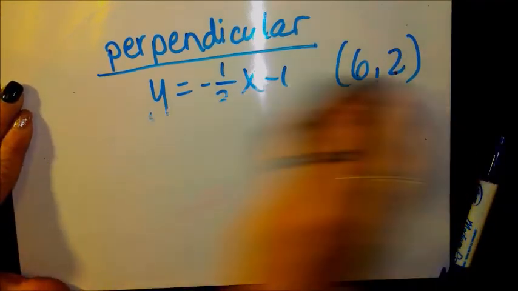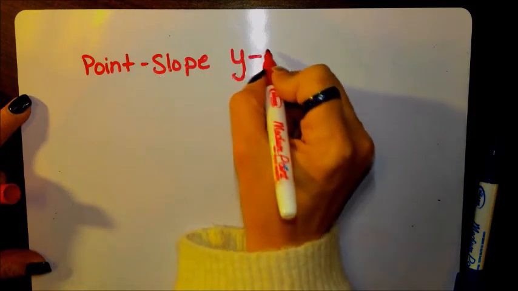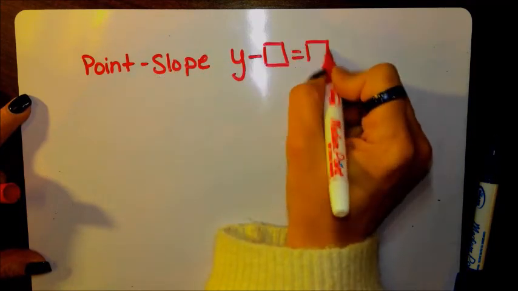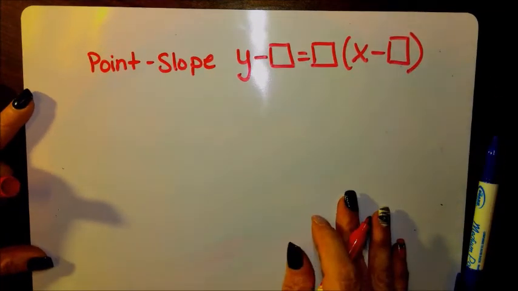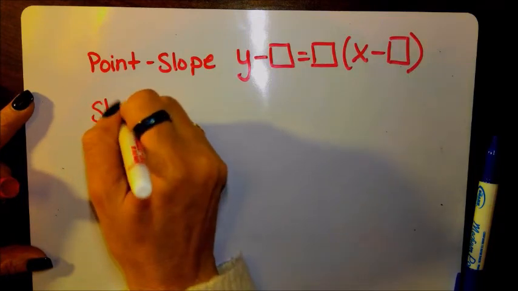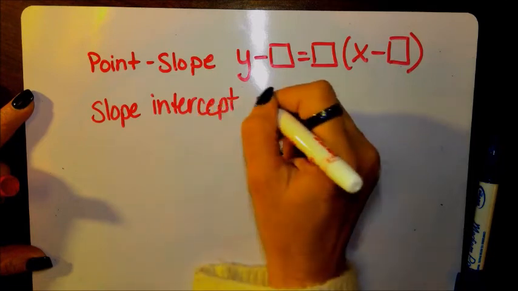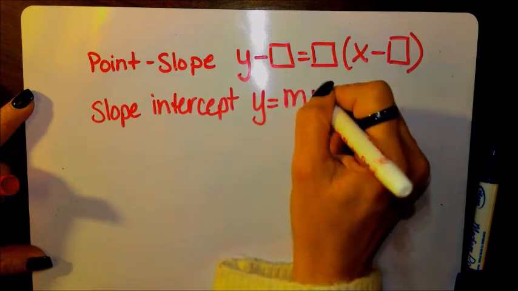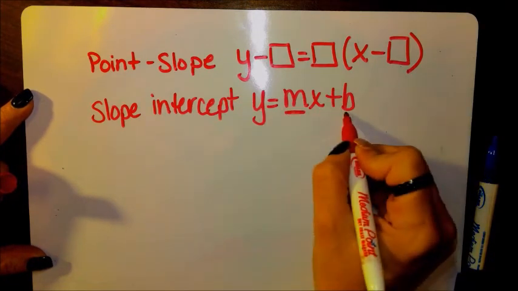Okay, on your dry erase board if you have it. Otherwise, I am going to leave this up here. Couple of things. Let's write point, and like I said, if you want to write this on your board, you can. y minus something equals something times x minus something. Okay. Slope intercept is y equals mx plus b. And let's underline the m and the b.